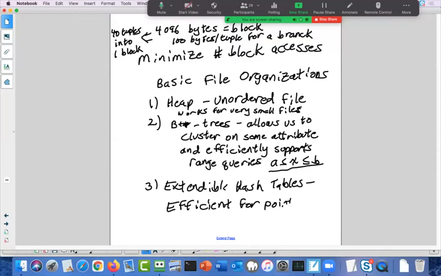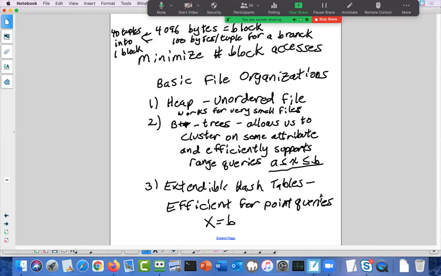A point query is something in the form X equals B. It's asking for a single data value, all tuples that are equal to one specific value. So these are the three basic types of file organizations that we can choose from.